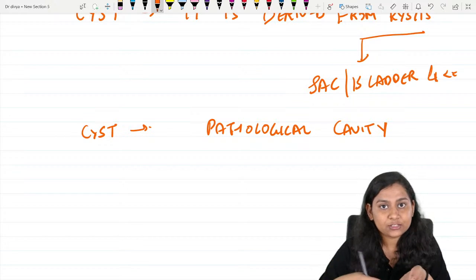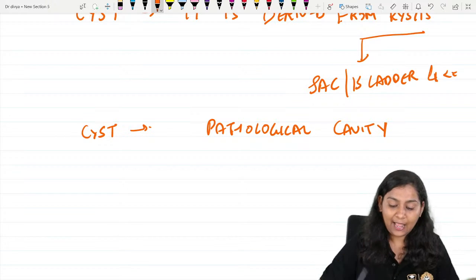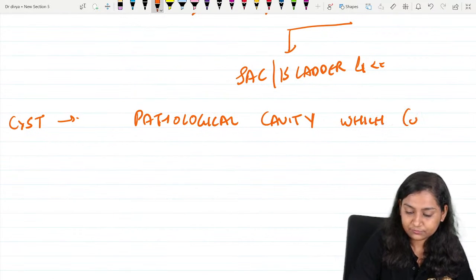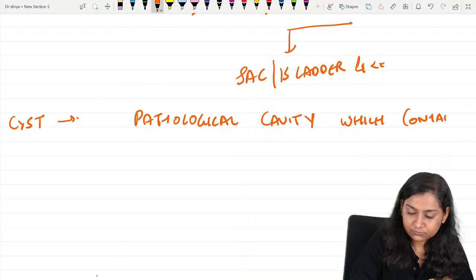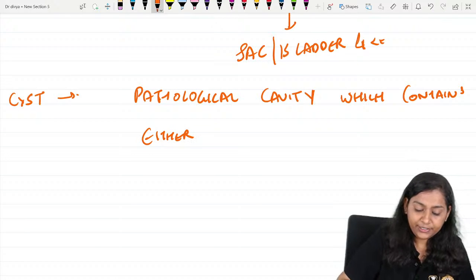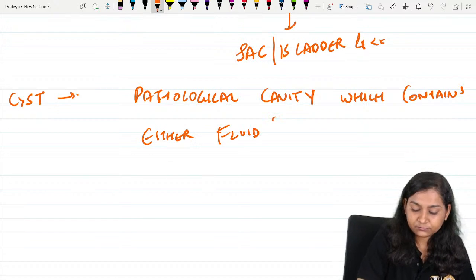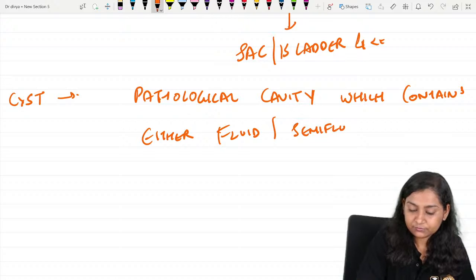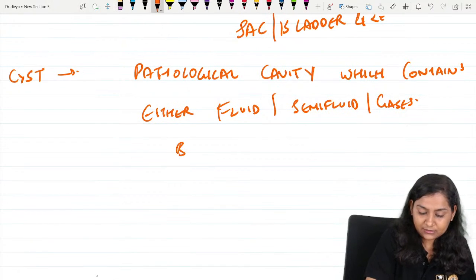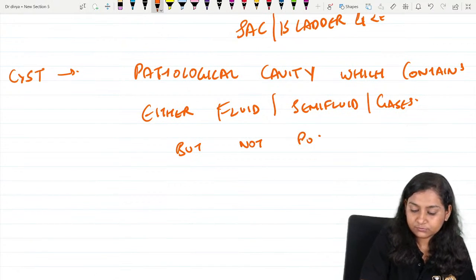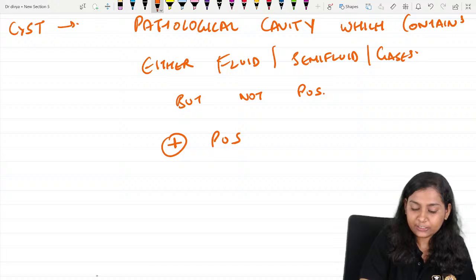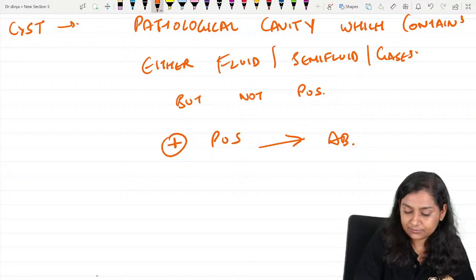If there is a presence of pus, then it will be called an abscess.